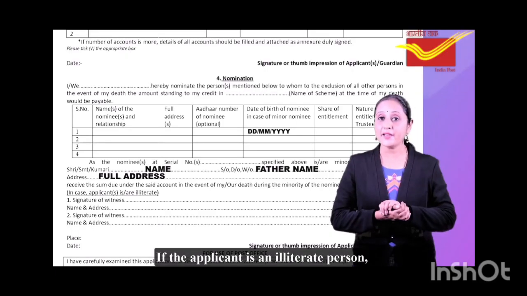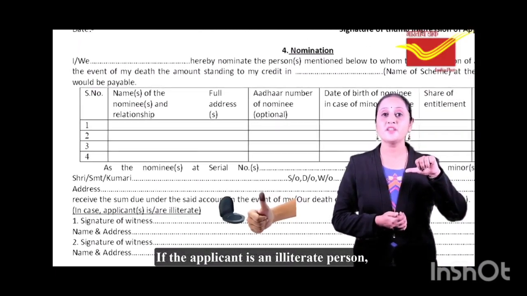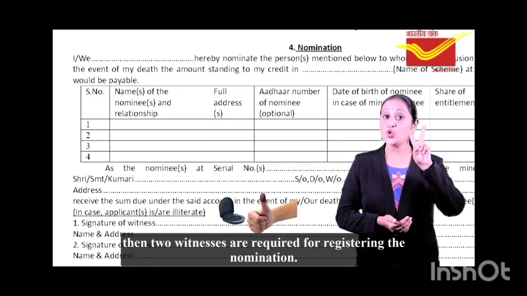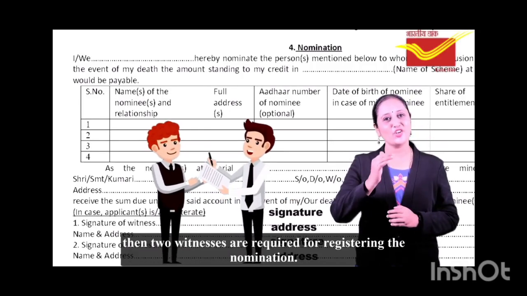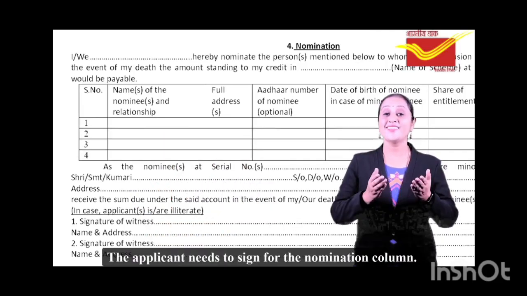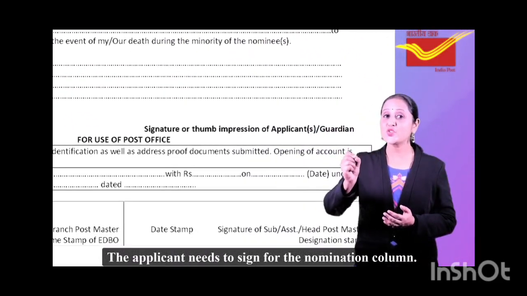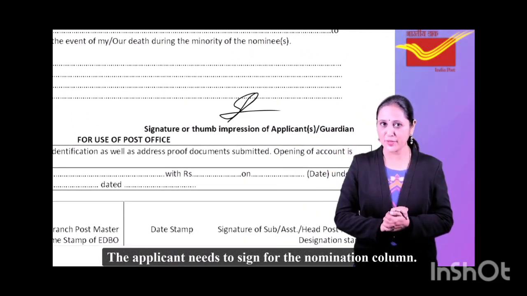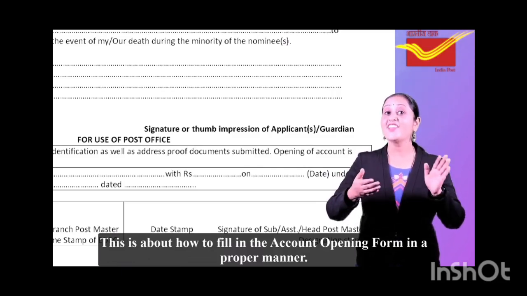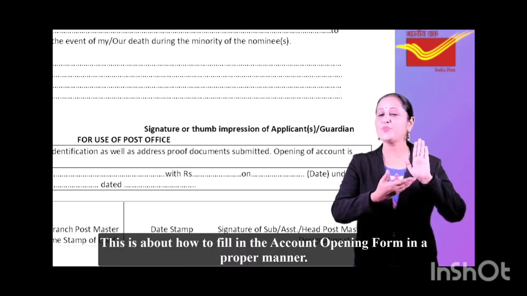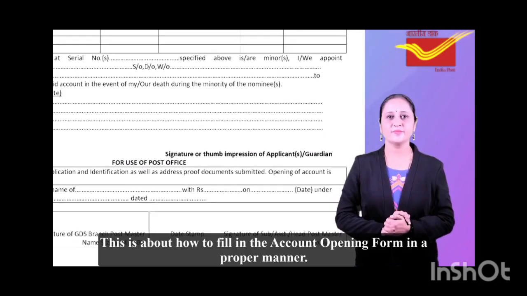If the applicant is an illiterate person, then 2 witnesses are required for registering the nomination. The applicant needs to sign for the nomination column. This is all about how to fill in the account opening form in the proper manner.